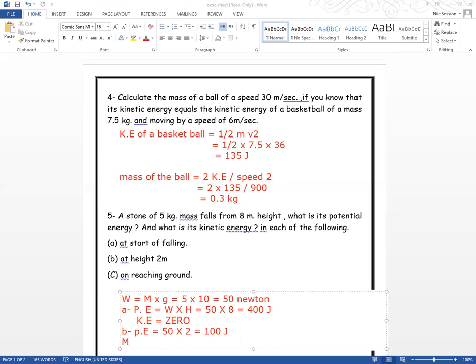So the mechanical energy equals the potential energy at the maximum height, which is 400 joule.